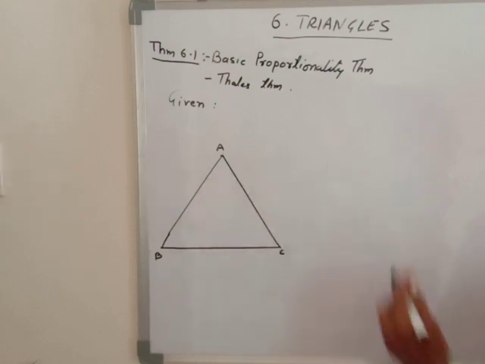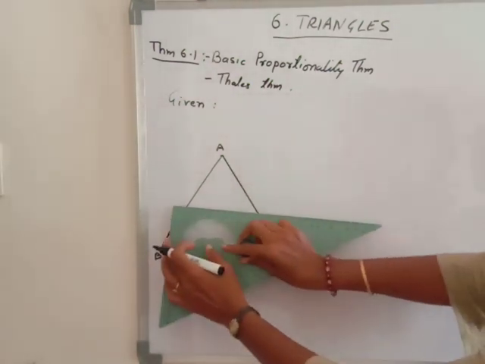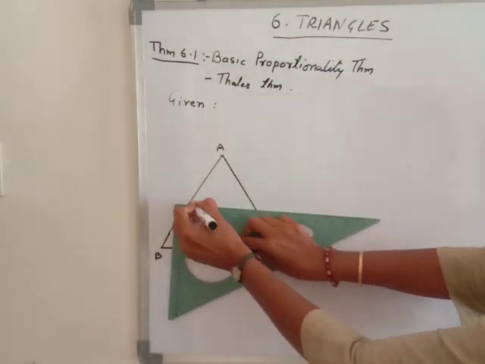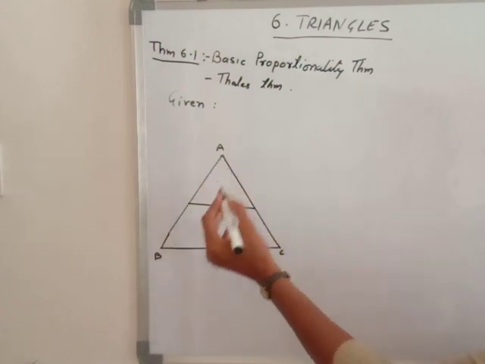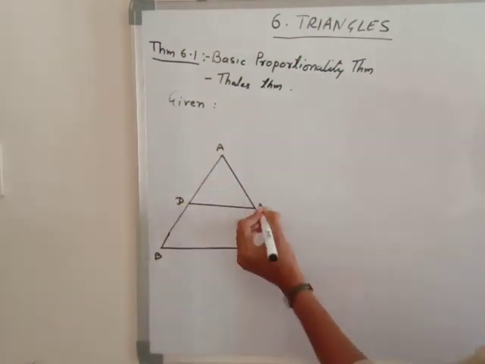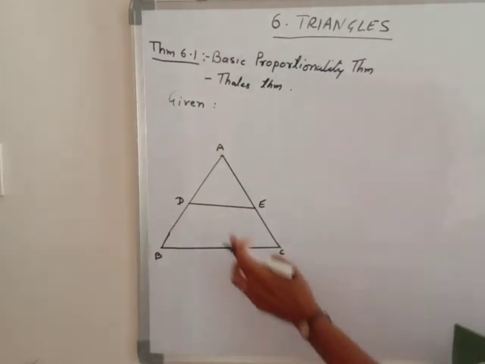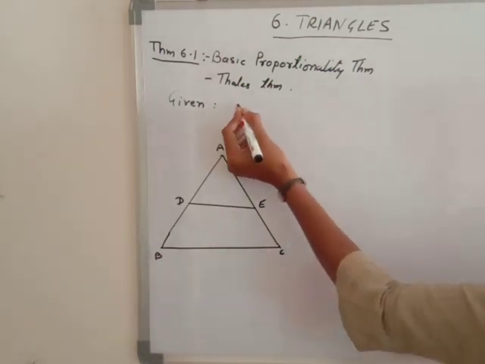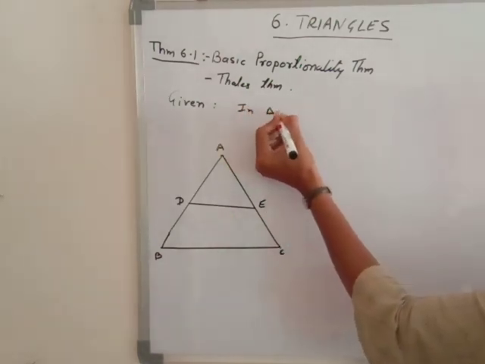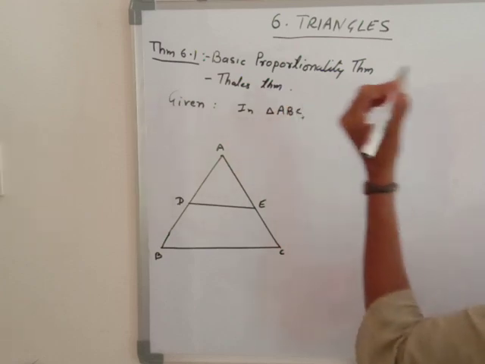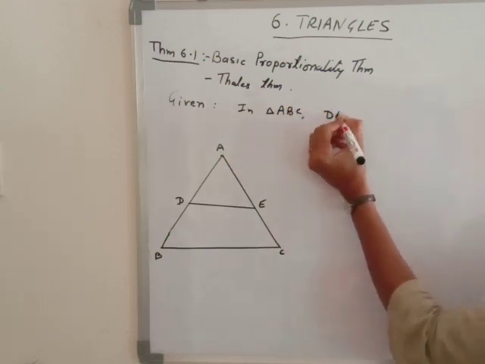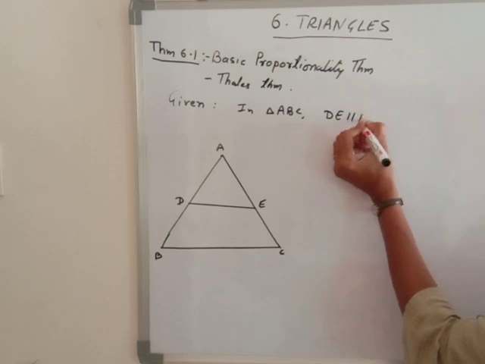Now, a triangle is given and there is a line segment DE. This DE in triangle ABC, DE is parallel to BC.